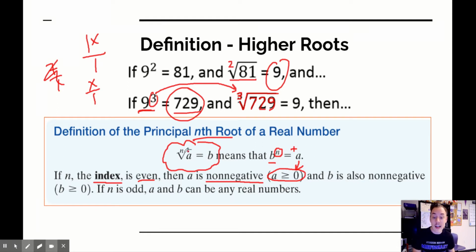Which means if you have a negative in there and the index is even, guess what that means? Imaginary numbers. To give you an example, if I have the fourth root of -6, this is an imaginary number. So this actually equals i times the fourth root of 6. Okay, that's what that actually equals, in a certain sense.